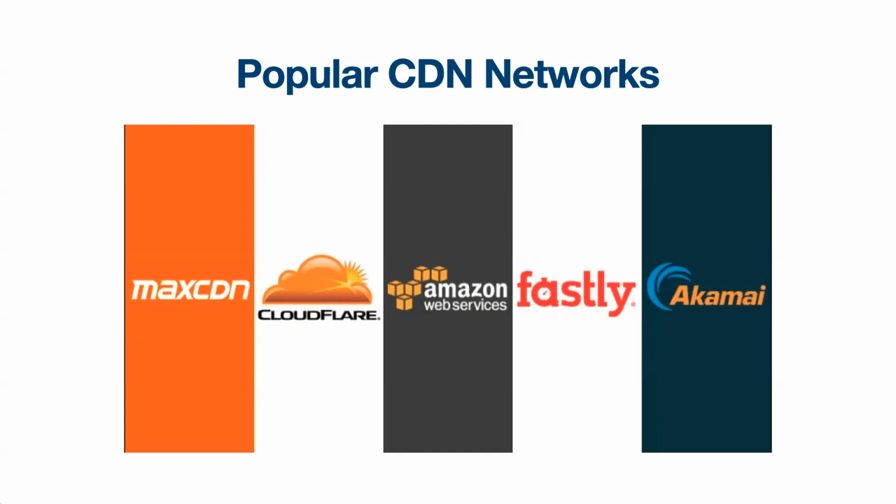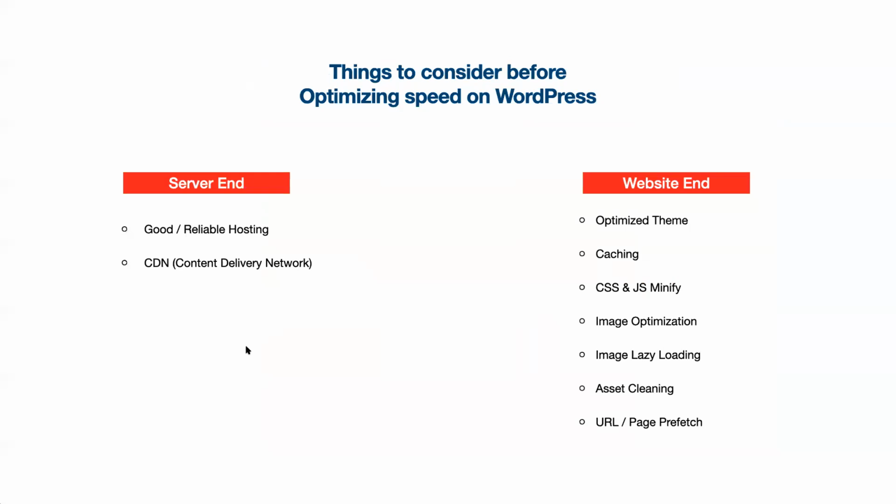They have a free plan, so we can easily use it. Also, Cloudflare is very popular, and there are a lot of documentation videos on how to set up Cloudflare, and even some hosting companies already include Cloudflare with their core hosting. So it's easier to use Cloudflare than any other CDN network. So here is the server end part.